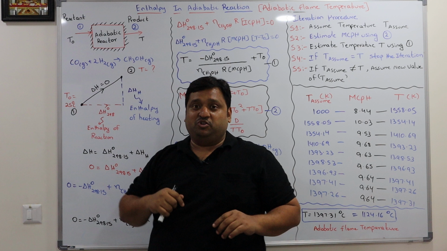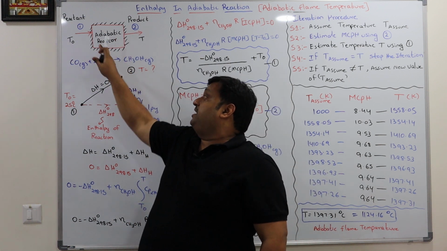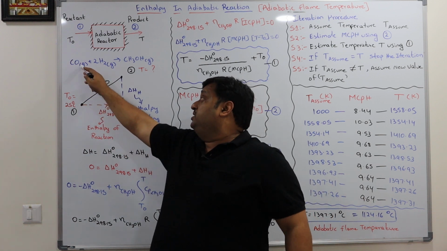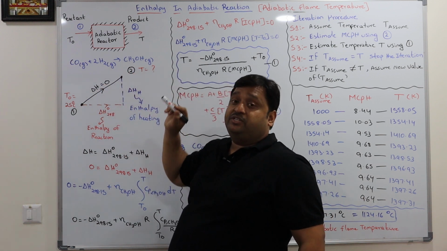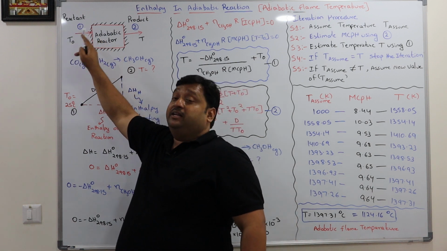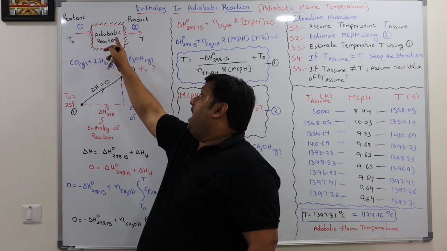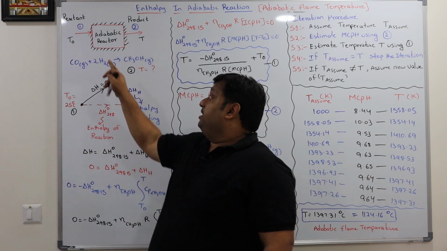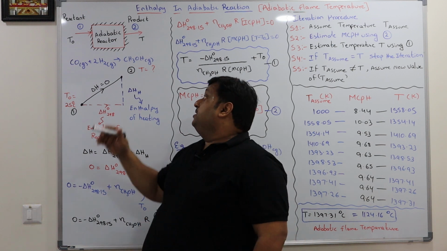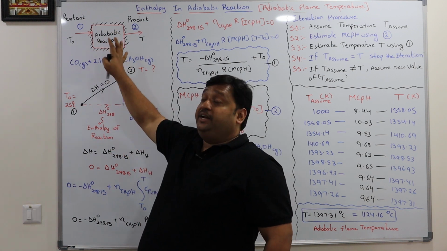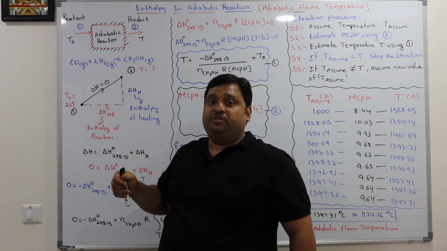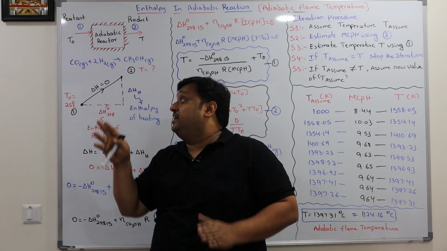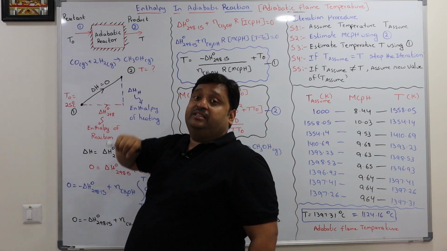For example, let us go to the board. There is a reactor in which a specific reaction is happening. You can assume the reaction CO plus 2H2 gives rise to CH3OH. The reactants are entering at an initial temperature T0 and exiting at a temperature T. The reactor is adiabatic, meaning we are not allowing any heat to go in or come out during the travel in the reactor; there is no exchange of heat in the system.